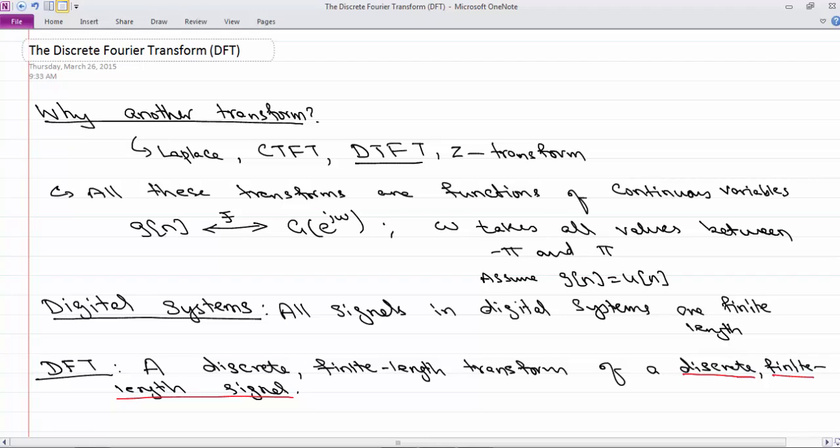Whereas DFT is itself a discrete transform. It's a function of a discrete variable. And whenever we talk about discrete variables, all we have to think about is sequences, values 0, 1, 2, 3. Right? And it is itself also finite length. Okay? And because it is discrete itself and finite length, you can compute it in digital systems.